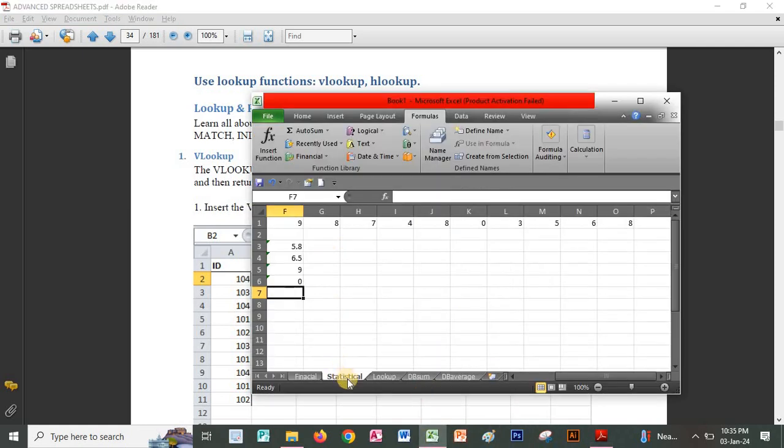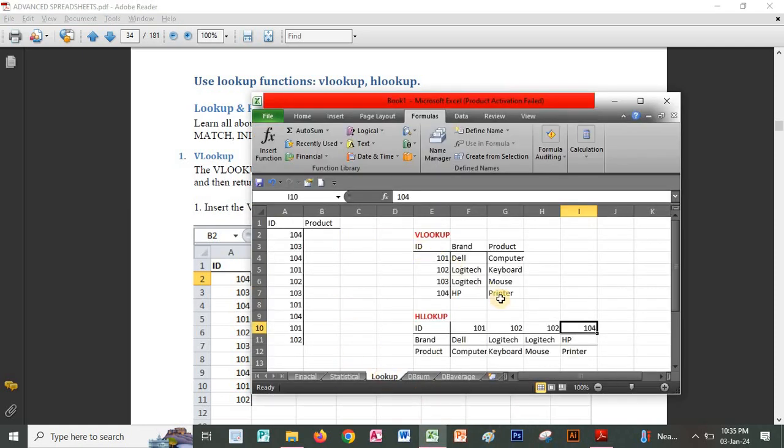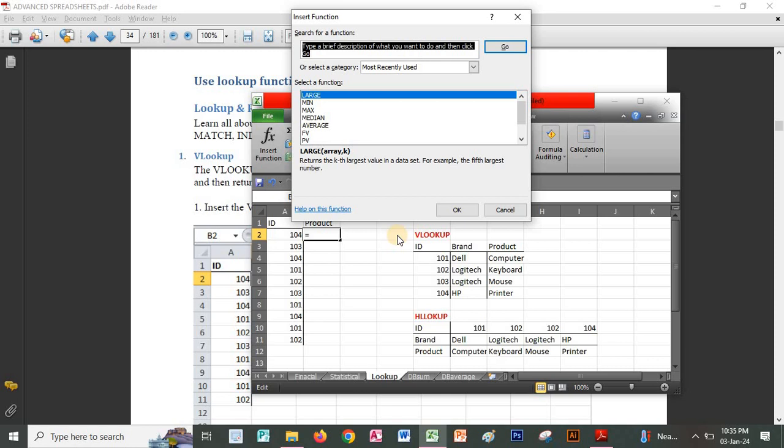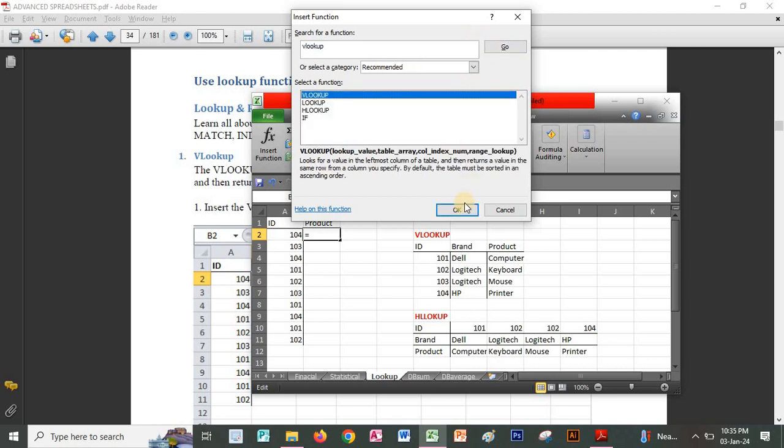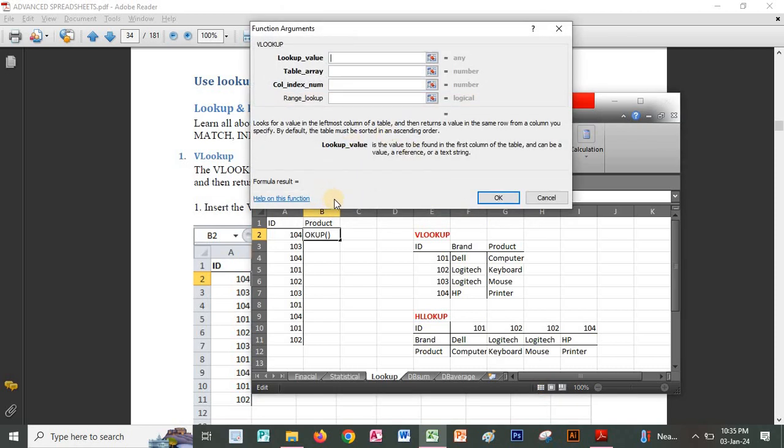And if we go to some values like that, so here we are going to insert VLOOKUP, and the value we are matching is this one.